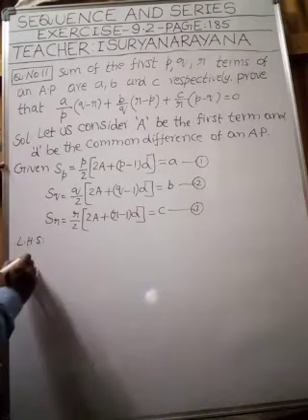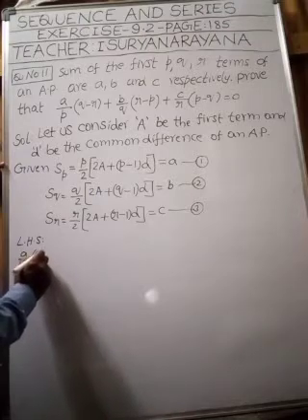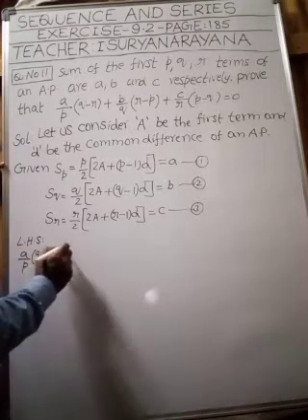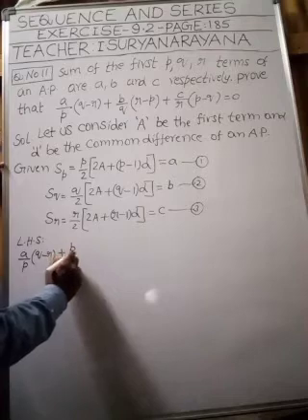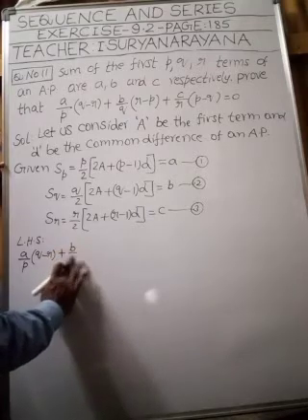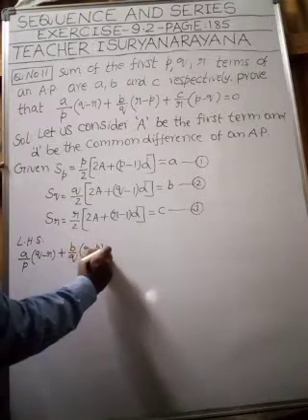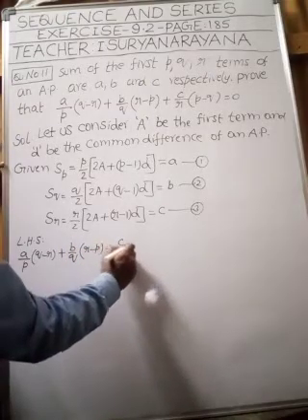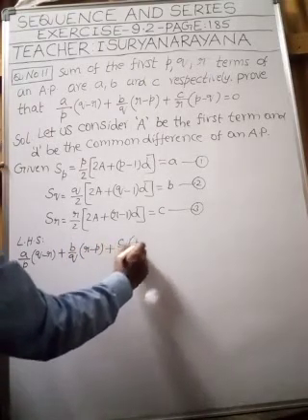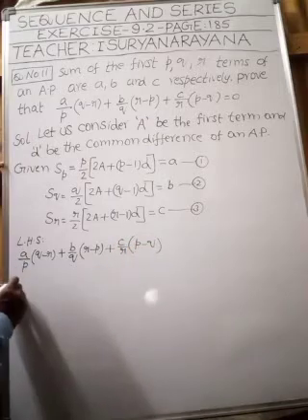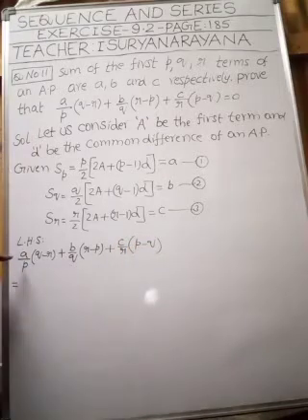LHS is A by P into Q minus R plus B by Q into R minus P plus C by R into P minus Q, and let us substitute the values.